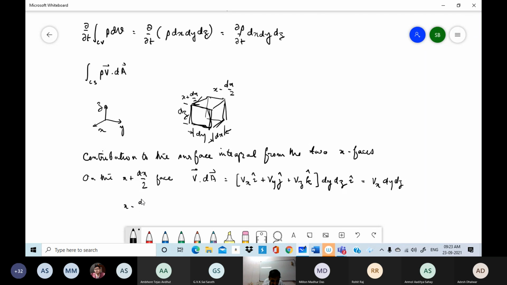On the x minus dx by 2 face, V dot dA would be... because the x minus dx by 2 face has an outward normal in the minus x direction. So the direction is minus i. So then this would be minus Vx.